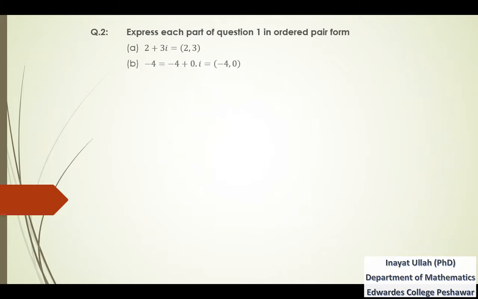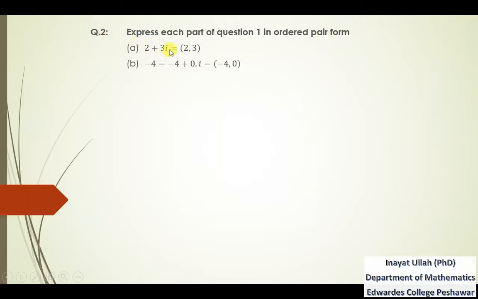In this slide, we are going to study the notation, question number 2. The question is, express each part of question 1 of exercise 10.1 in ordered pair form. We are given this number 2 plus 3i, and we need to write this number in ordered pair form.